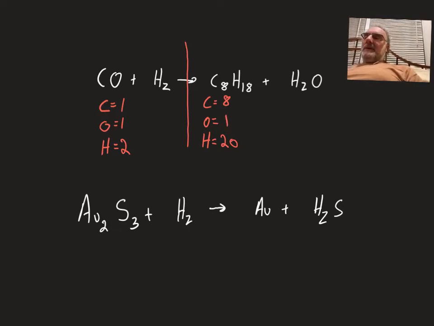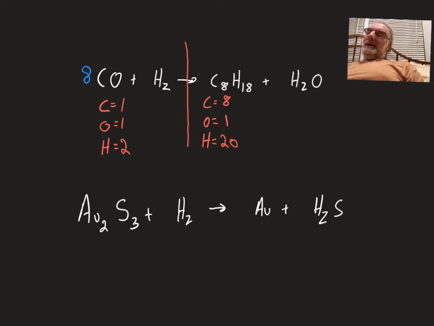Okay, so we'll start out with the carbons. In order to balance the carbons, I need to do something to the reactant side. Instead of having just 1 carbon monoxide, we're going to now have 8 carbon monoxide. So I'm going to put 8 here.